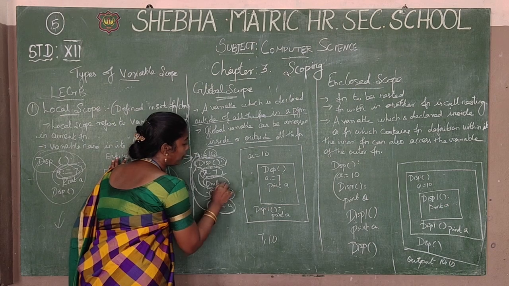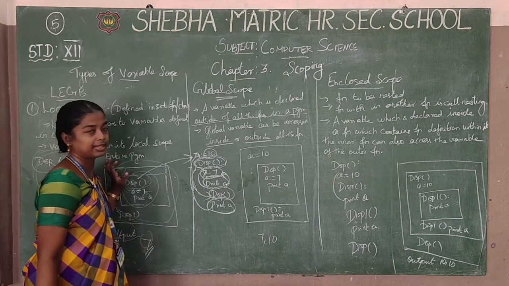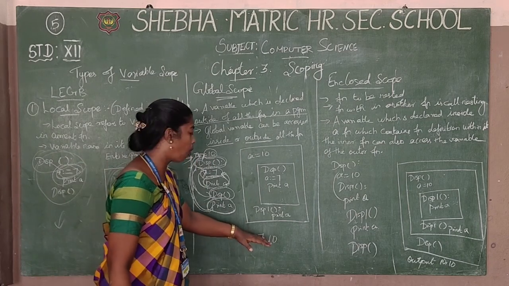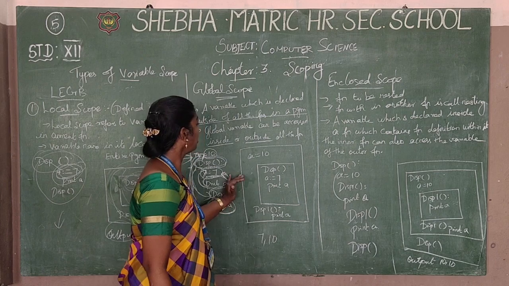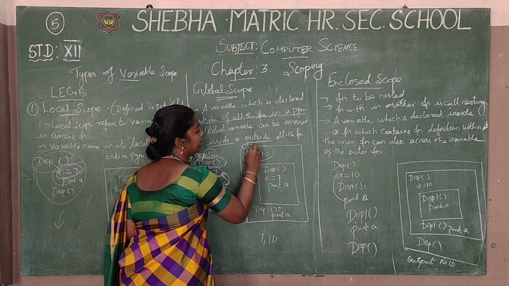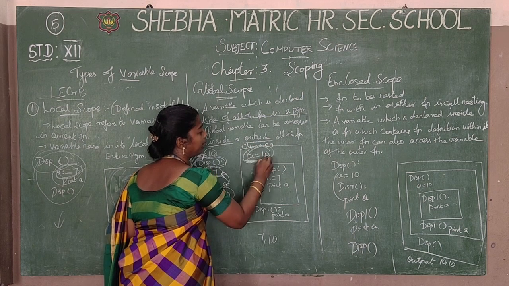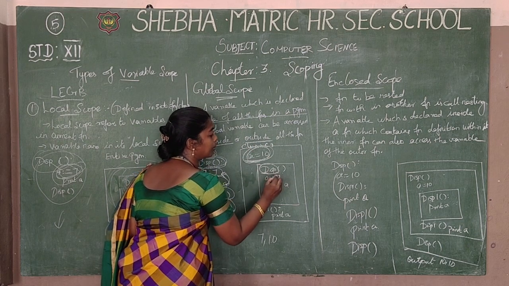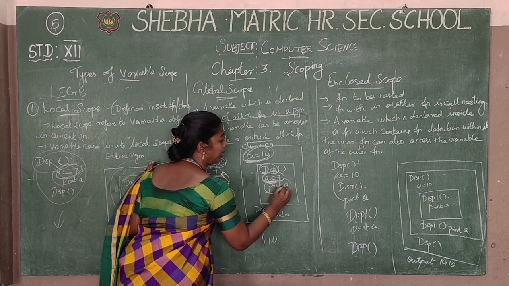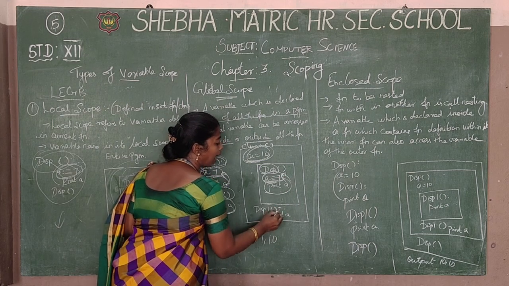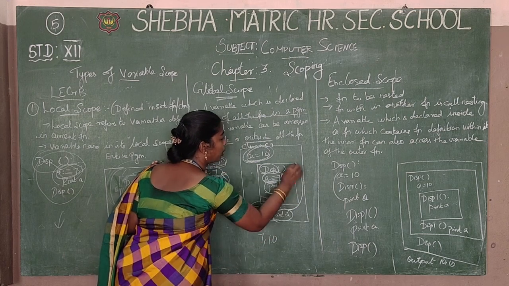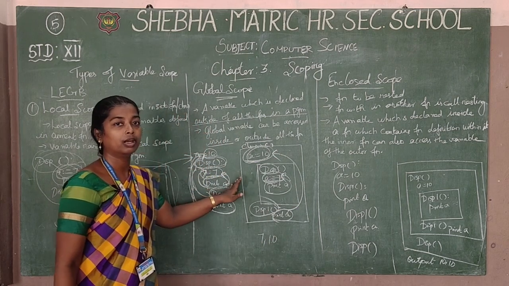So the first print gives 7, the second print gives 10. So the output is 7 and 10. In the programming code, we declare the class, then the variable, then the function named display, then another variable declared, print a is 7, then another function, then another a variable. Which one? A. So it is global.